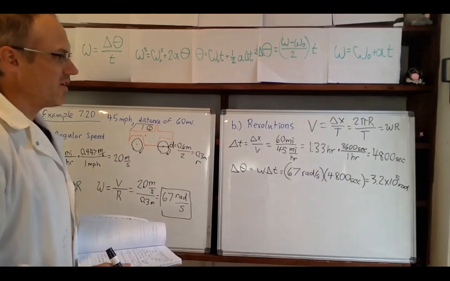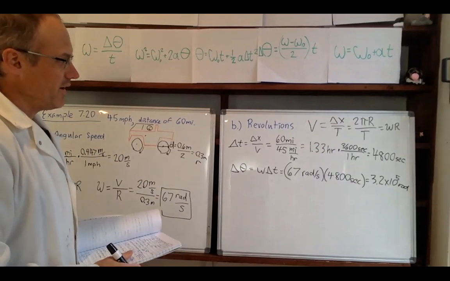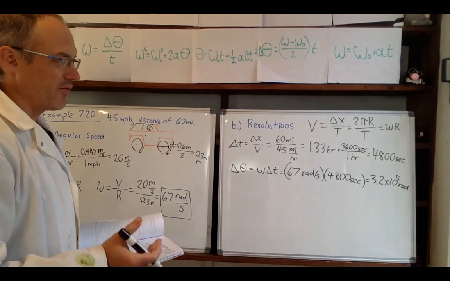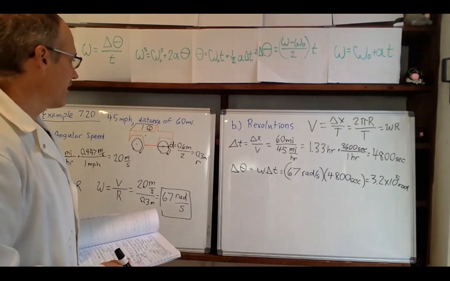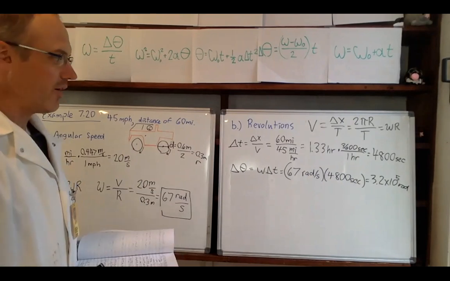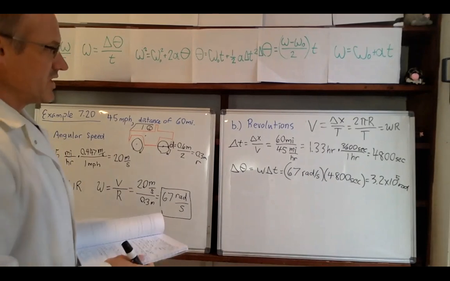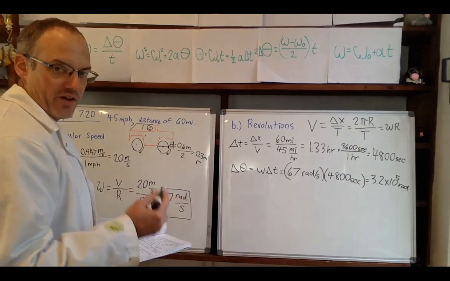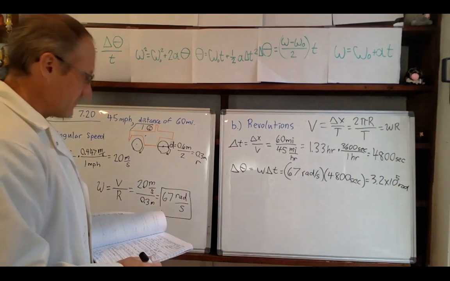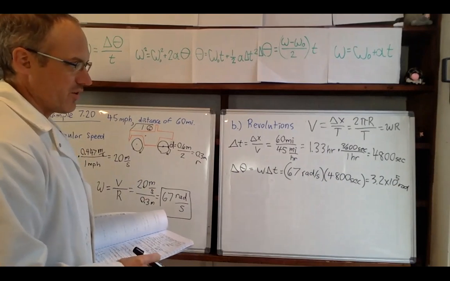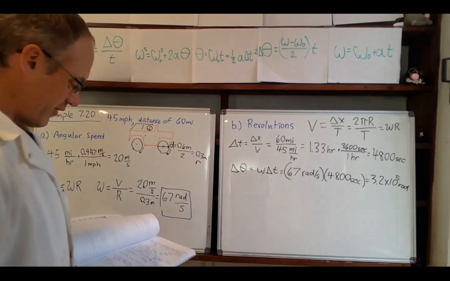Okay, so that's how many radians we've covered in that 60-mile journey at 45 miles an hour. So that's your total angle. That's your total radians. That doesn't tell us revolutions, though. That just tells us radians. So how do you convert out of that?